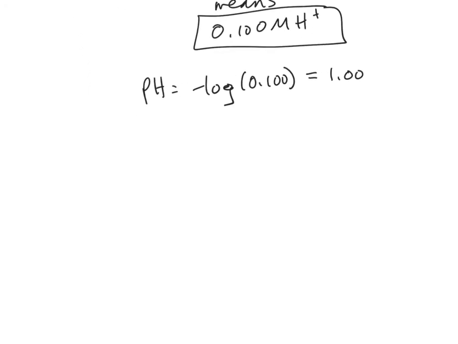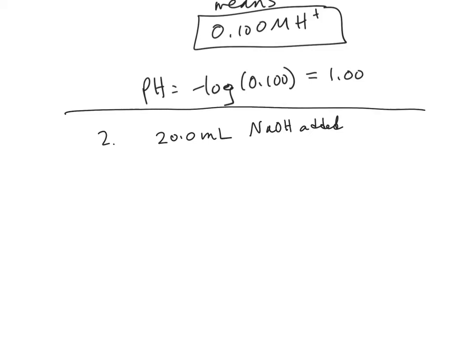Then the second step here, now we start adding sodium hydroxide from the burette. So you have 20 milliliters sodium hydroxide added. And it's kind of easy to visualize here because the concentrations of the acid and the base are the same.